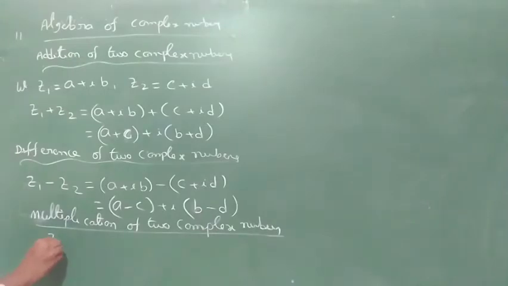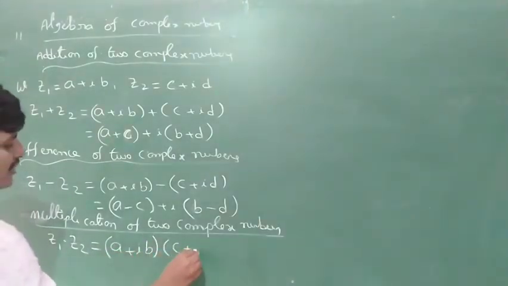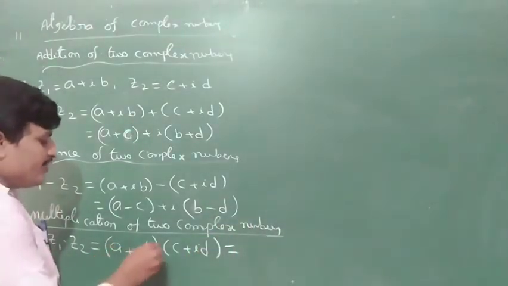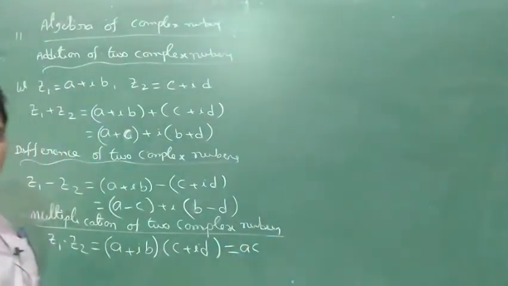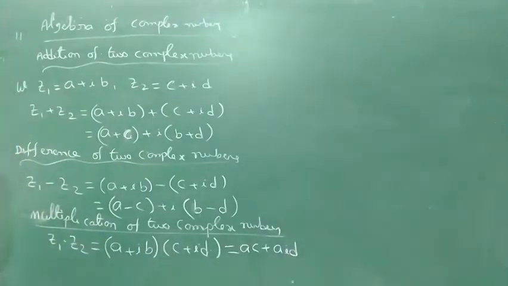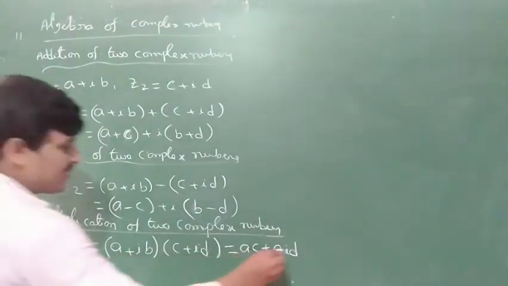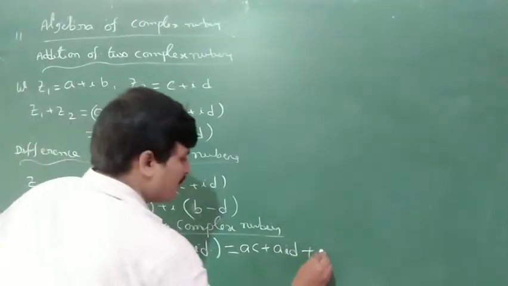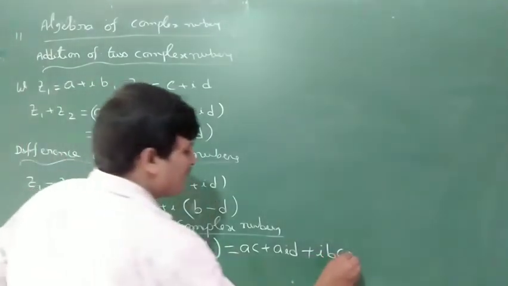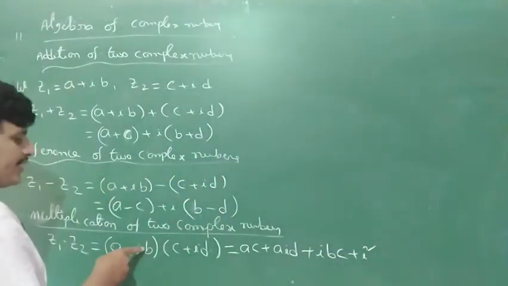So Z1 into Z2, where Z1 is equal to a plus ib and Z2 is equal to c plus id. That is equal to a into c, AC, normal multiplication, next a into id, plus i into bc, plus i into i, that is i square, b into d.